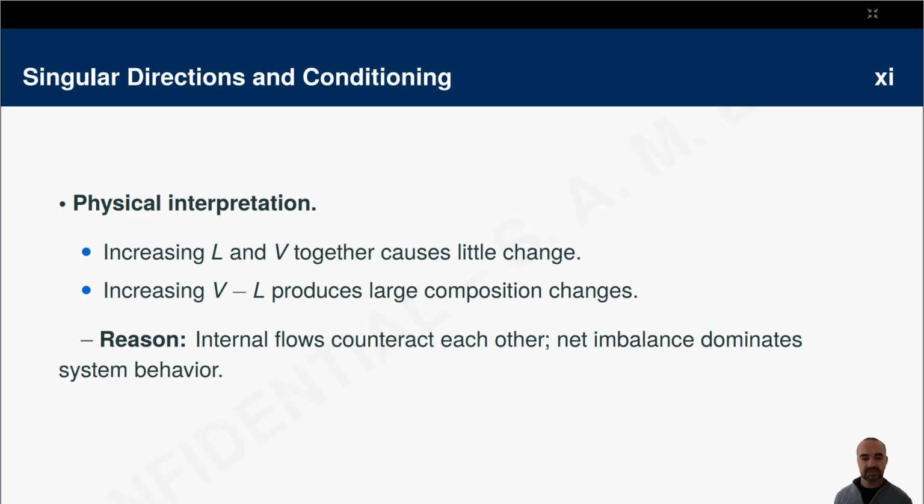The physical interpretation is that increasing L and V together causes little change. Increasing V minus L produces large composition changes. In other words, internal flows counteract each other, and net imbalance dominates system behavior.